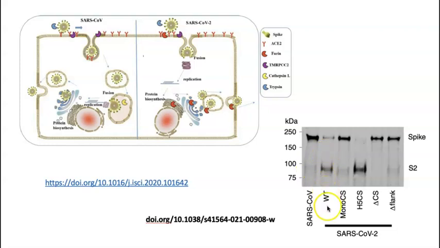With wild-type SARS-CoV-2, most of the spike is cleaved. That's why you see this bigger band here showing much higher proportion of spike proteins being cleaved, and then a smaller band here. Again, it's not 100% cleavage, but clearly it favors cleavage and the formation of the smaller spike.